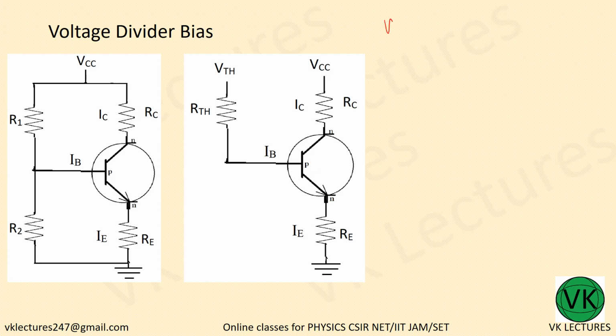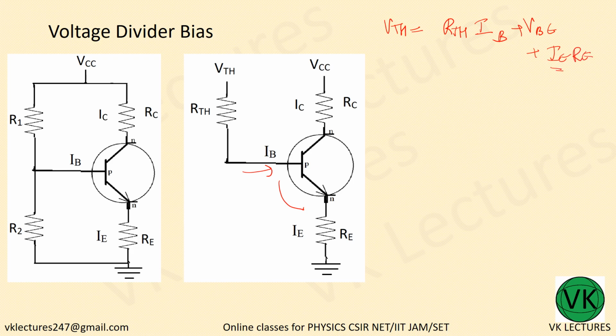VTH is equal to this RTH into IB you can write. Okay, this is the current flowing through base. RTH into IB plus here you have VBE again plus IE into RE.